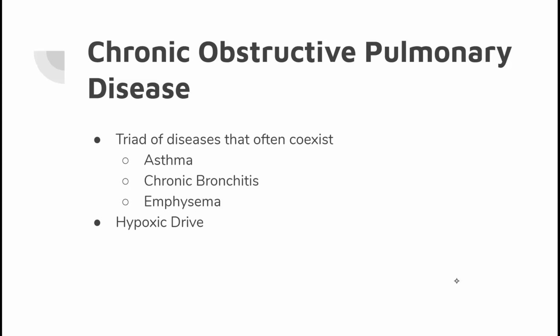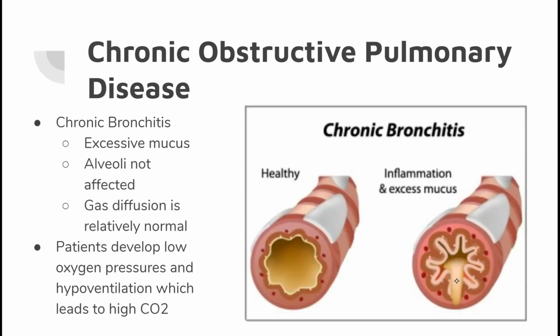Asthma, if it's a long chronic asthma, this patient can be considered to be a COPD patient. And chronic bronchitis, which is a little bit of a different mechanism than asthma and emphysema, where in asthma you have the muscles causing a lot of the issues, and in emphysema the alveoli are just getting overinflated.